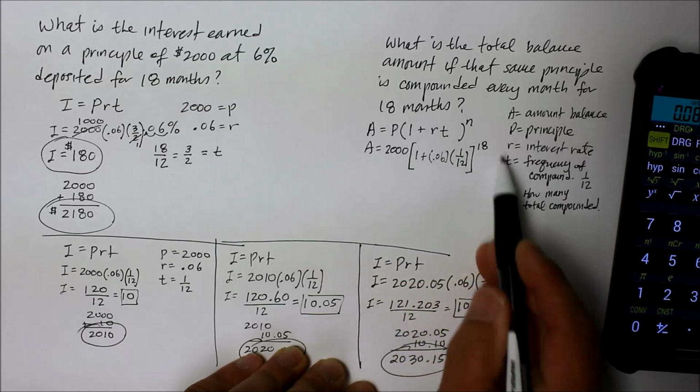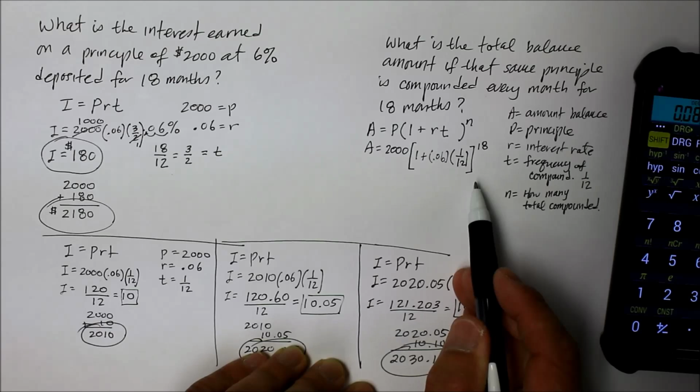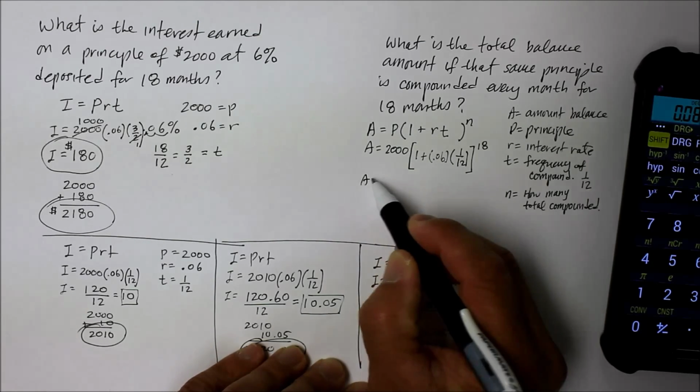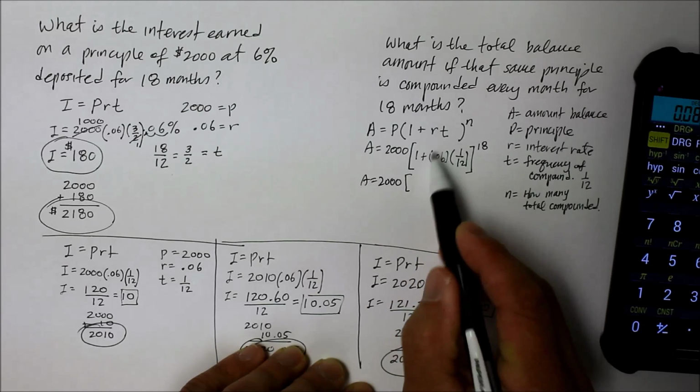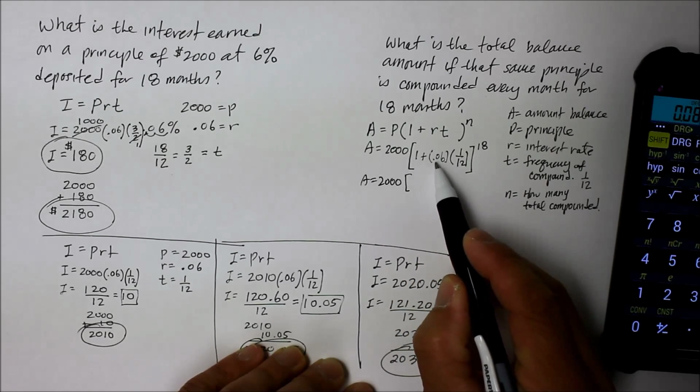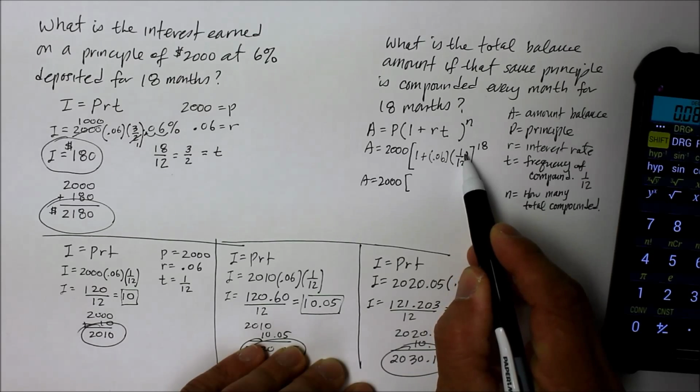Yep, you need a calculator to do this one. We're dealing with money. So $2,000 times whatever you get inside. So let's do this. 0.06 times 1 numerator is still 0.06. So let's divide that by the denominator 12. And we get 0.005.